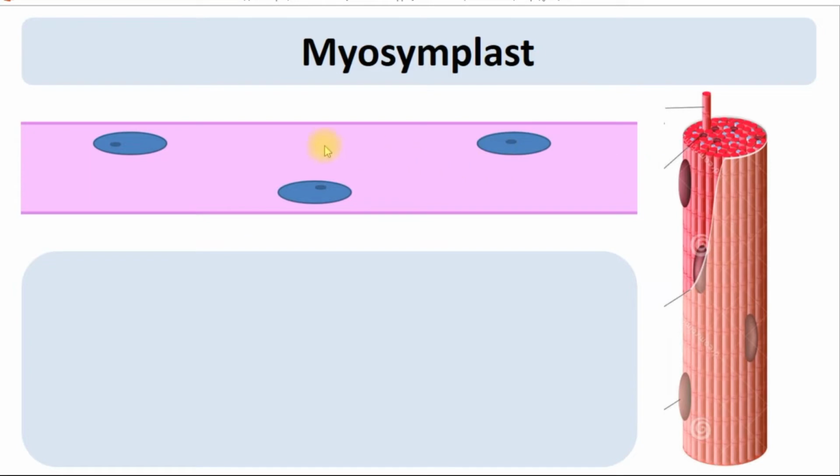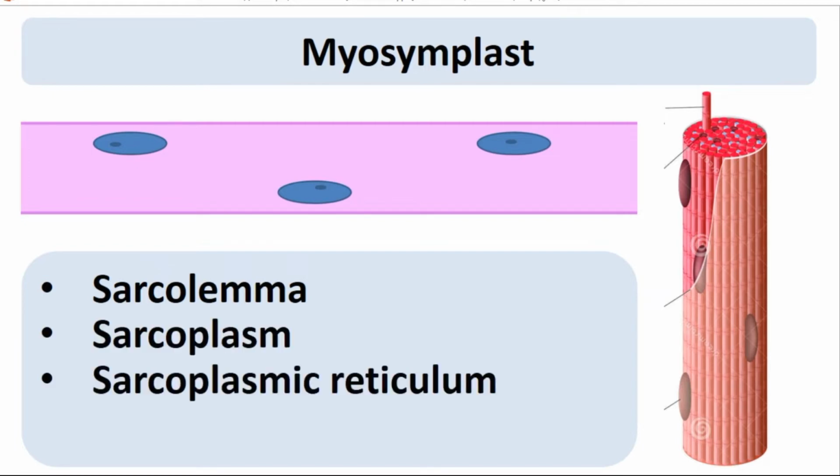Because in the central part of the myosyncytium, myofibrils develop, special cell organelles which will appear here in the central part. So what is myosymplast? It's a supracellular structure which derives from pre-existing myoblasts, and there are specific terms characteristic for myosymplast: sarcolemma, sarcoplasm, sarcoplasmic reticulum, and myofibrils.